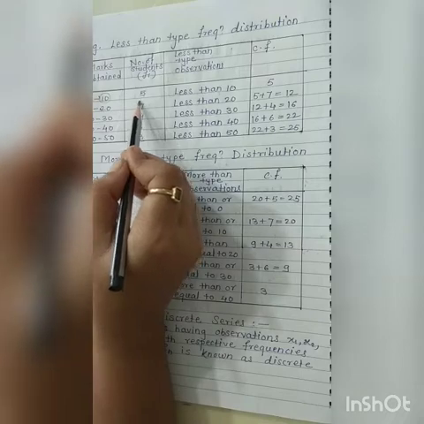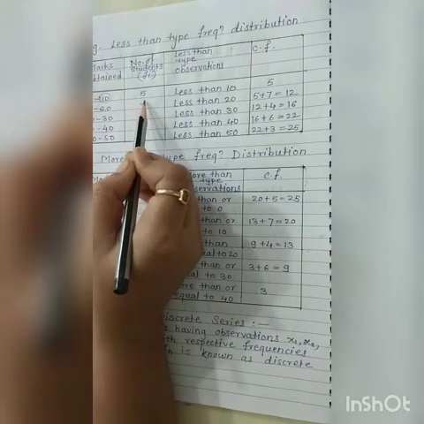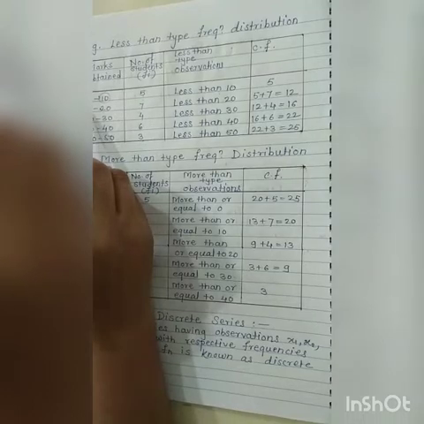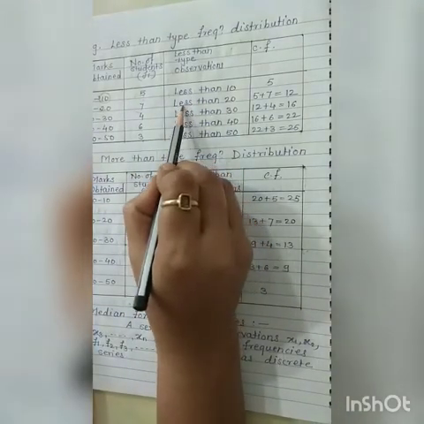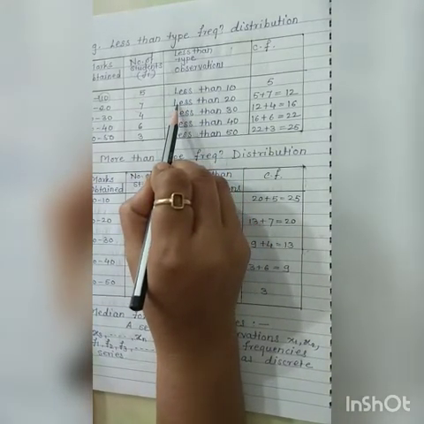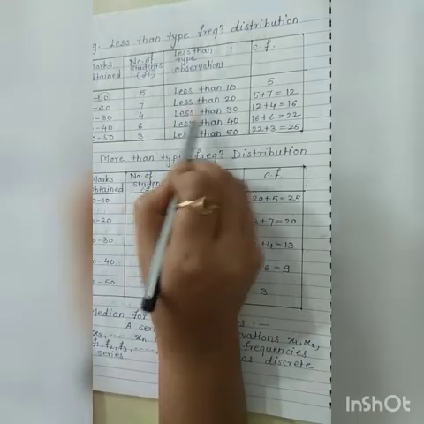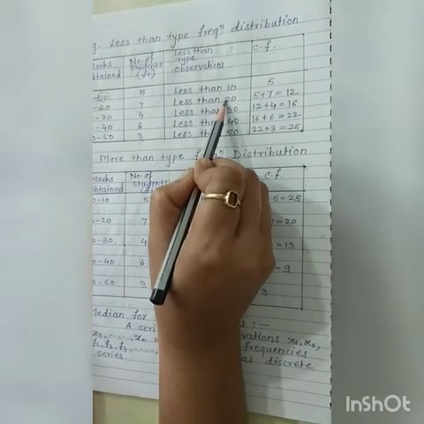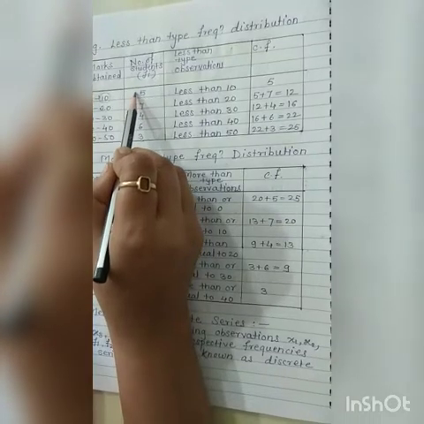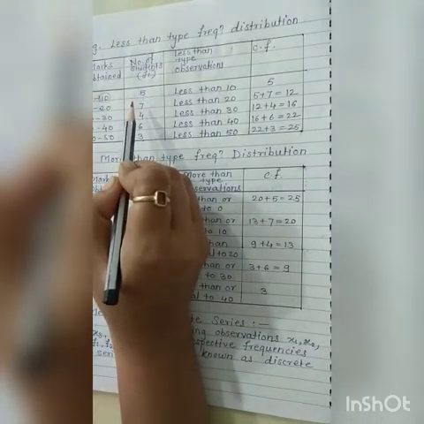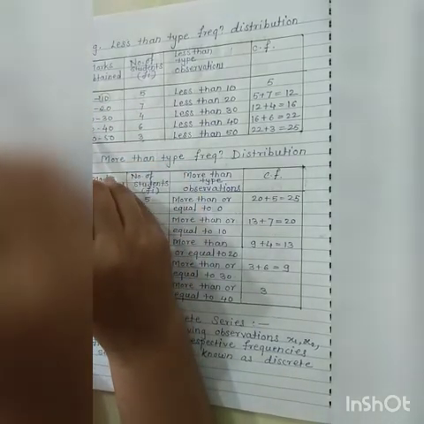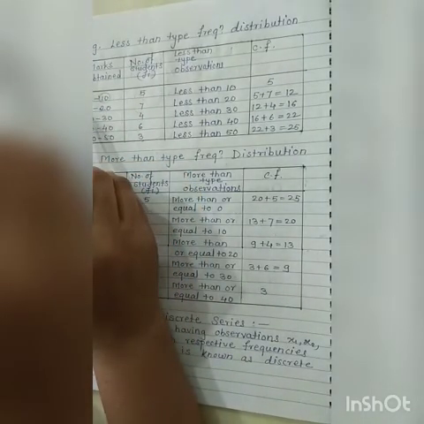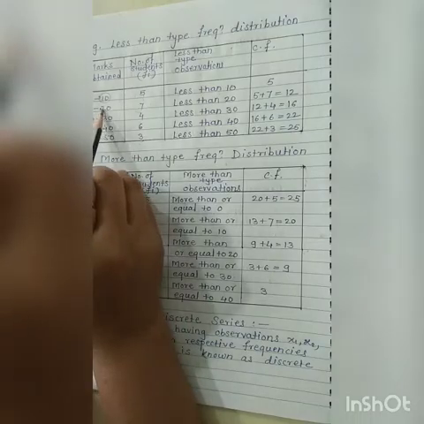Now there are 7 students who have scored marks between 10 and 20. The less than type observation, that is less than 20, includes the number of students who have scored marks between 0 and 10 and also the number of students who have scored marks from 10 to 20.